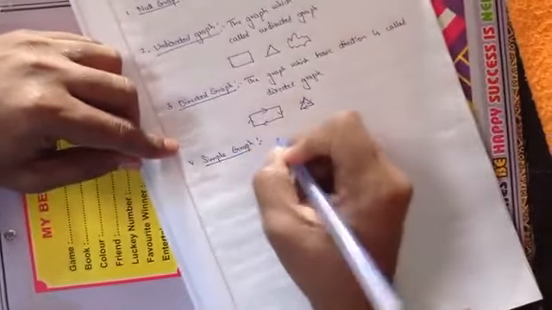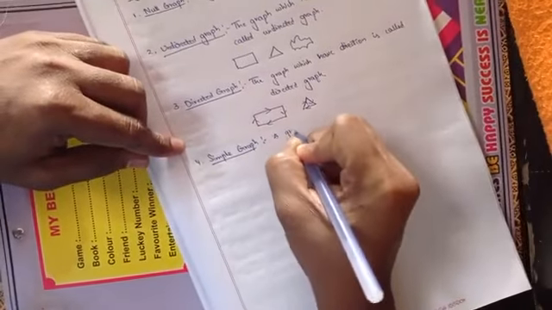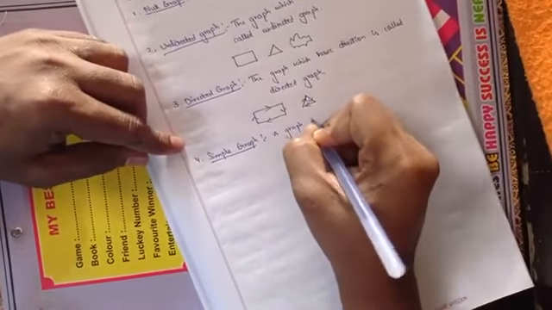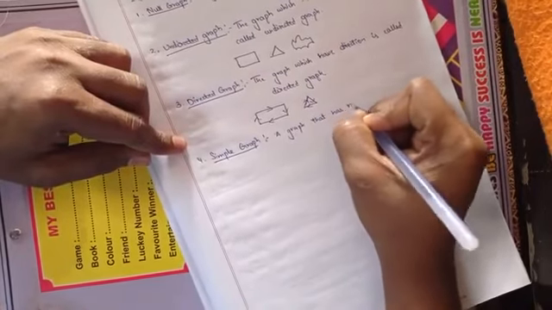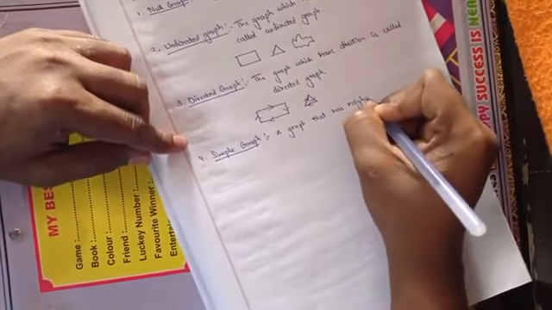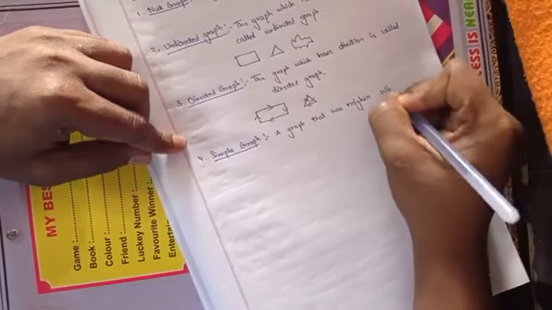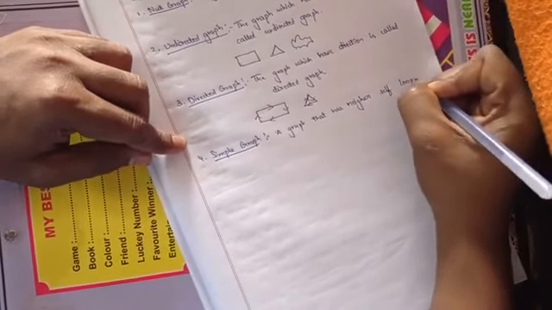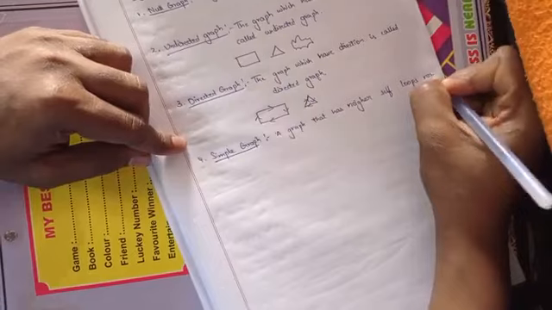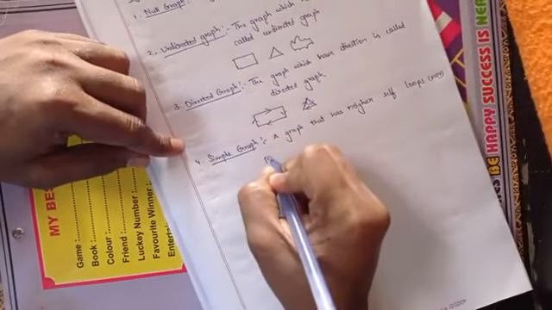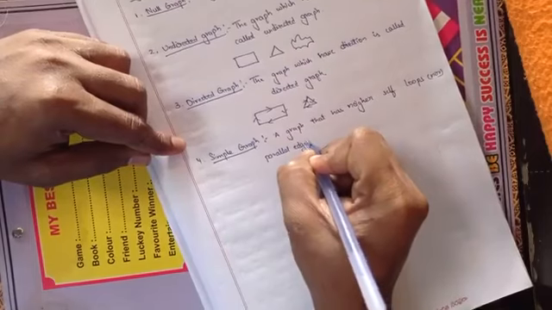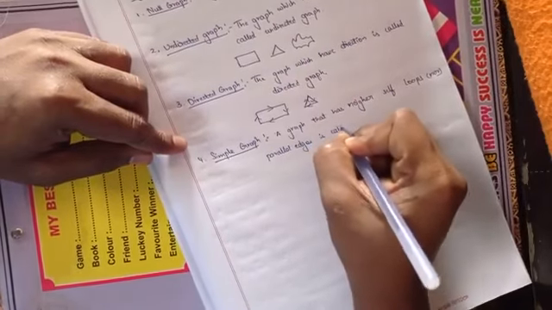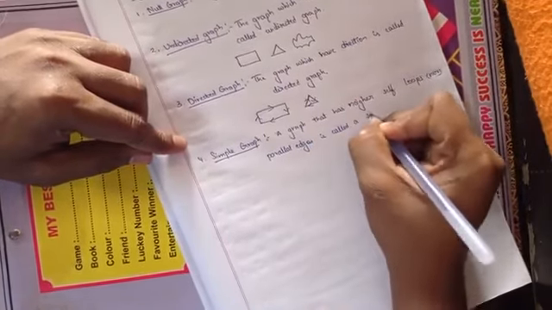A graph that has neither self loops nor parallel edges is called a simple graph.